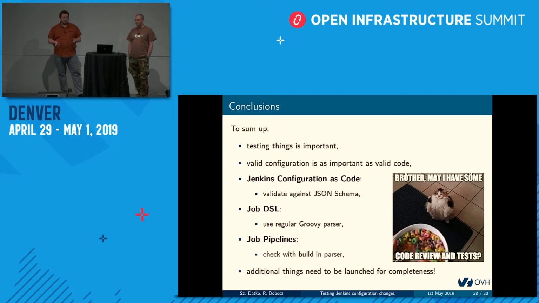Okay? However, as we mentioned, some things cannot be tested that way. Some things need something more. The only ultimate way to test some things might be to launch even more sophisticated scenario tests, like for example for the Gerrit integration.